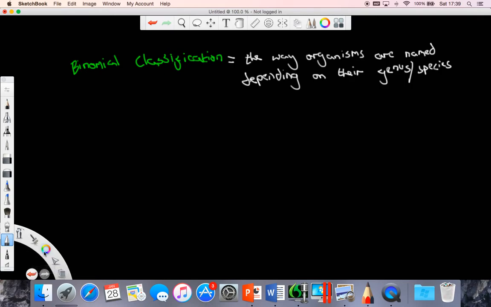So if you think back to earlier, we said the way in which organisms are classified is knowledge plus careful observation frequently guarantees success. So we've got the kingdom, the phylum, the class, the order, the family, the genus, and the species. Whenever an organism is named scientifically, it is based off their genus and off their species. Okay? So the first part of the name comes from the genus, and the second part of the name comes from the species.